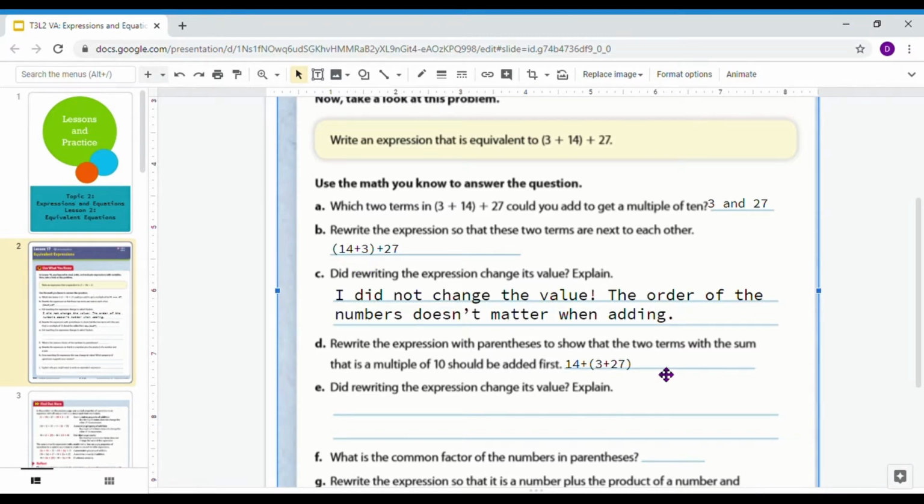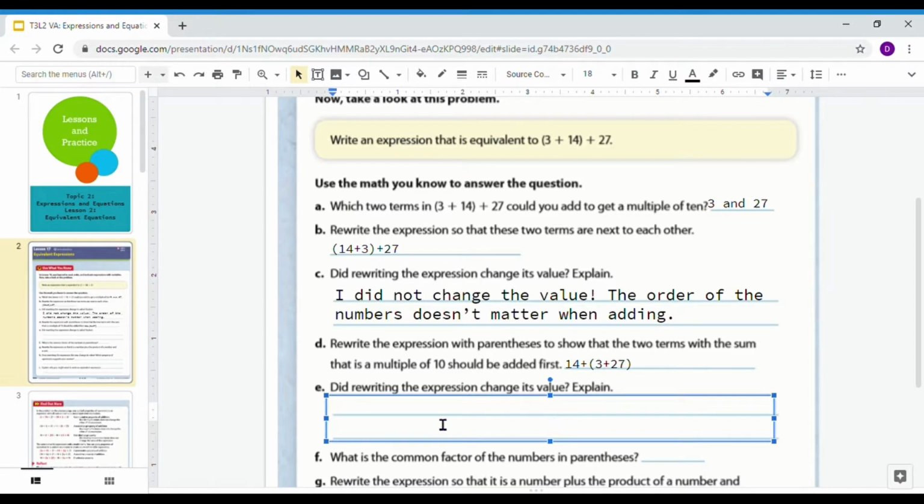But even when I switched where that parenthesis was, I still am not changing the value of this expression, because you can add, again, the order of the numbers doesn't matter. So you can add any two numbers together first.